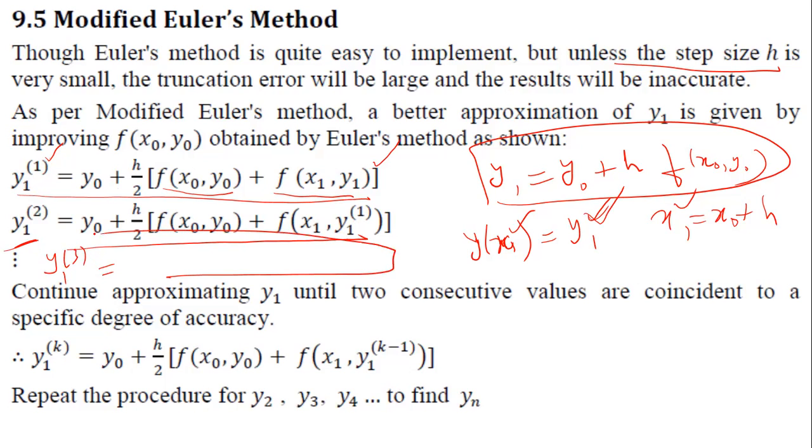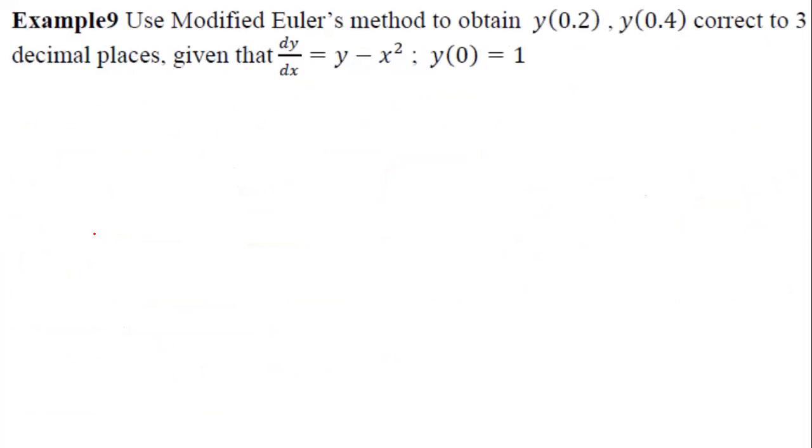Until we obtain y1 with the desired accuracy, we can repeatedly calculate the y1 value using this iterative formula. So the approach is something like this. And here, the question is: use the modified Euler method to obtain y at 0.2.